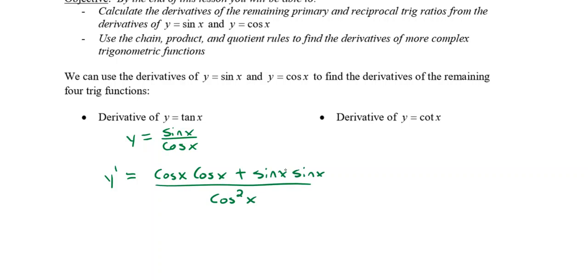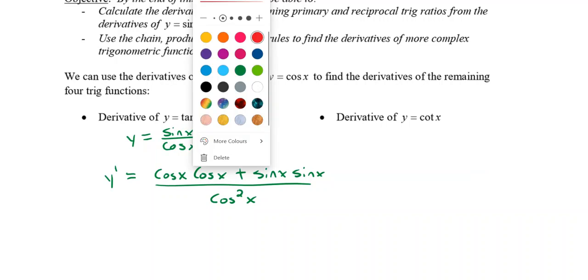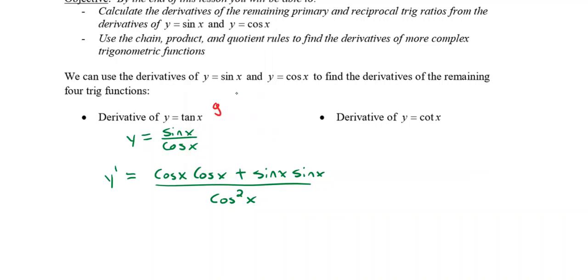Let's go back through that. Maybe make sure you saw what I did there. The quotient rule is g times f prime minus f times g prime all over g squared. Well, g was my cos.